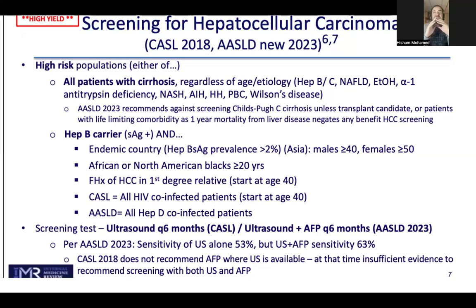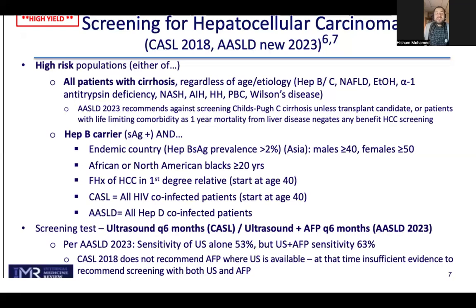I mean all patients with hepatitis B surface antigen positive. Or family history of HCC in a first degree relative, starting at age 40, or HIV co-infected, starting at age 40, or hepatitis D co-infected patients at any age.